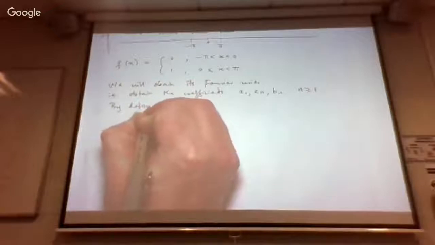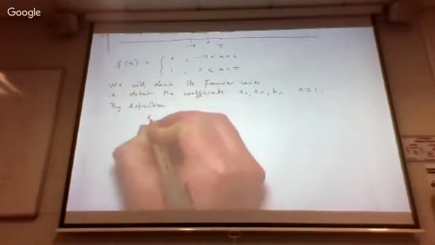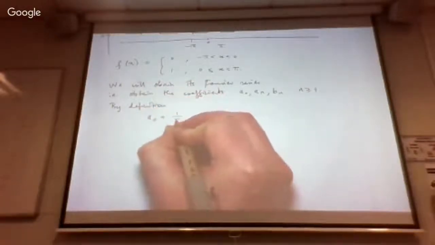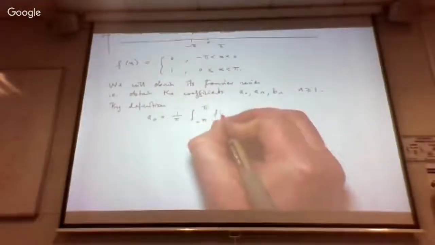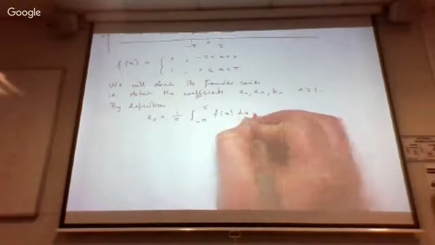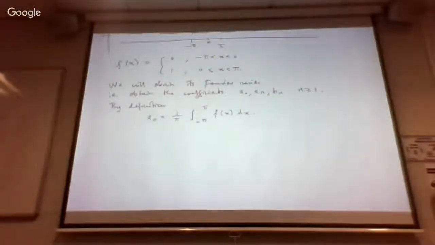So by definition, a0 is 1 over pi times the integral from minus pi to pi of f of x dx. So how do we integrate this function?